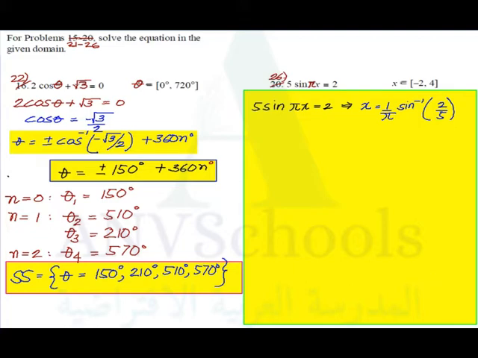And this will give us a general form of the solution, which is x equals 1 over pi arcsine of 2 over 5 plus 2 pi n, or we also have pi minus 1 over pi arcsine of 2 over 5 plus 2 pi n.